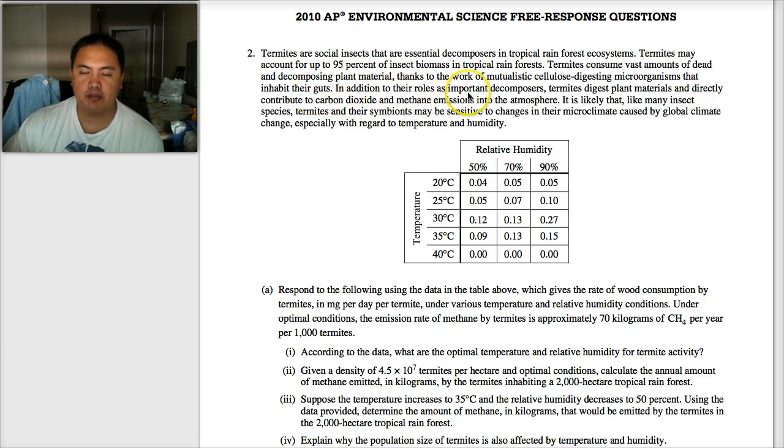In addition to their roles as important decomposers, termites digest plant materials and directly contribute to carbon dioxide and methane emissions into the atmosphere. It is likely that many insect species, termites and their symbionts may be sensitive to changes in the microclimate caused by global climate change, especially with regard to temperature and humidity.